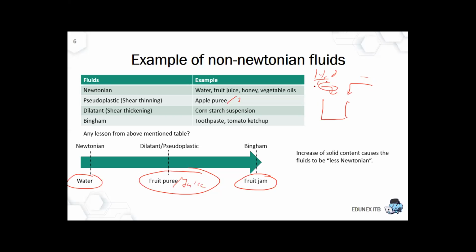Because when you are flowing these fluids, especially Bingham fluids, you cannot use a centrifugal pump. Your pump is going to overheat, or your pump is going to be rotating, but the flow is not there. I mean, it's just rotating aimlessly.